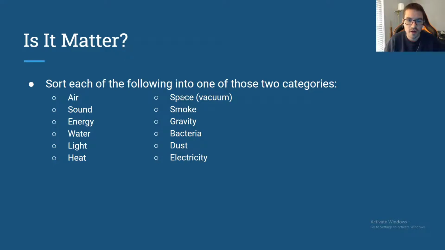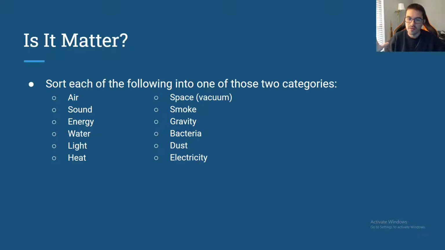Okay, on to the second column, space, and then I put here a vacuum. This just means outer space. Okay, maybe I should actually change that to say outer space. In outer space, obviously it takes up space, because space is in the word, but it also doesn't weigh anything though. So that's the weird thing, right? That's the thing about space.